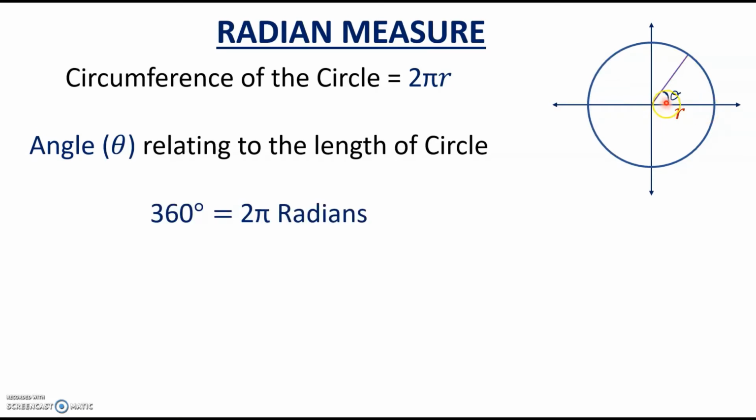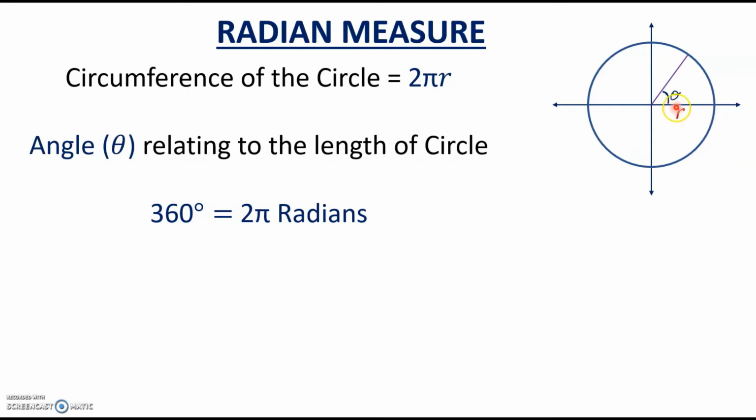If we allow theta to take a full circle, then theta's value will be 360 degrees. So, a full circle in terms of degrees would be 360. Similarly, the full length of the circumference of the circle is given as 2 pi r.